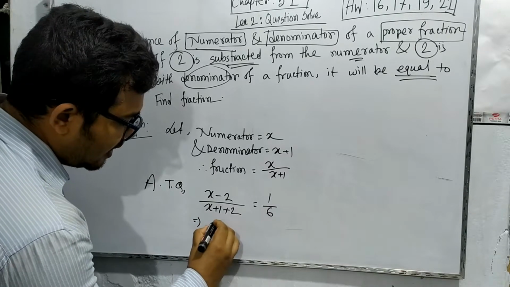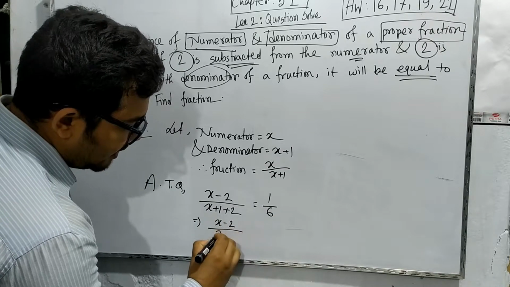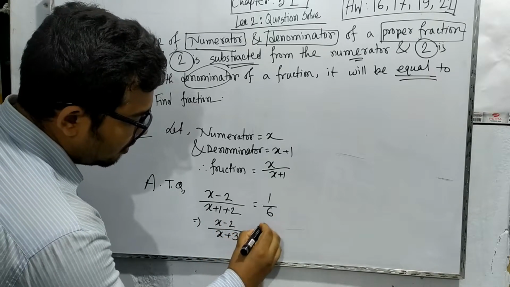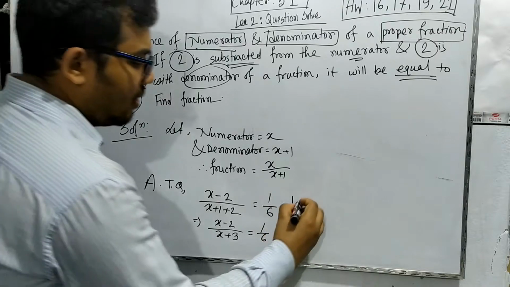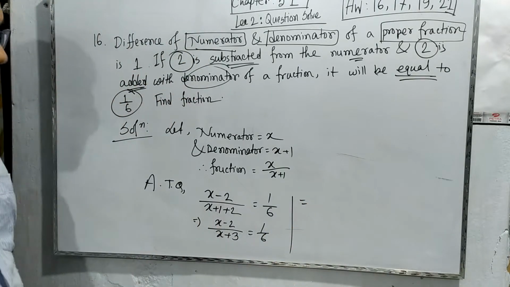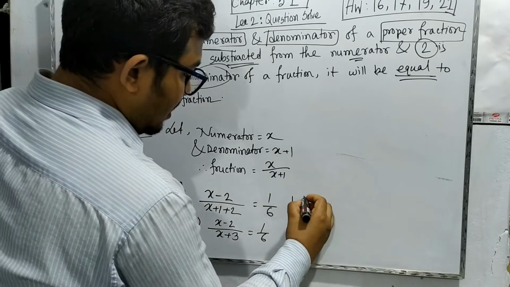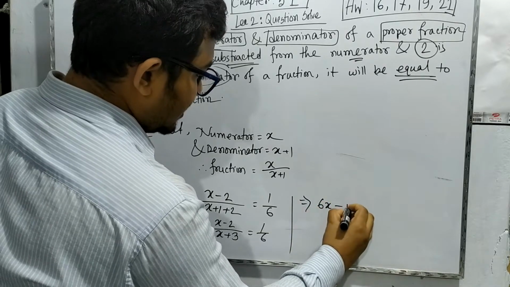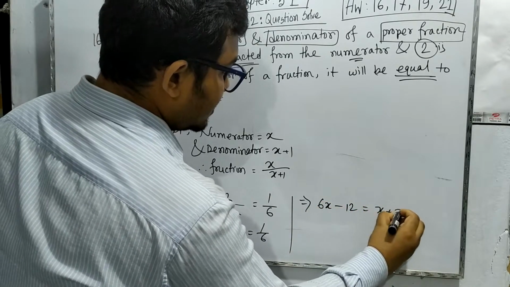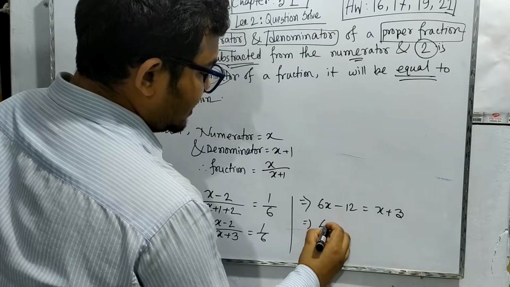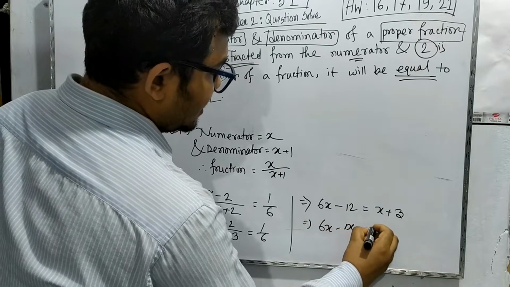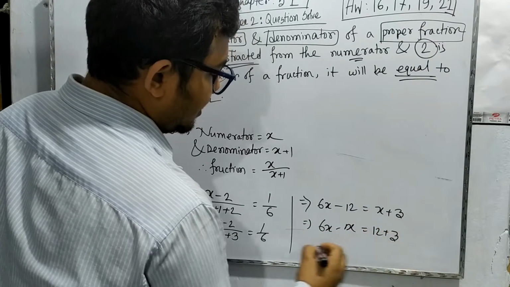So now x minus 2 divided by x plus 3 equals 1 by 6. If we go for cross multiplication, it will be 6x minus 12 equals x plus 3. So 6x minus x equals 12 plus 3.